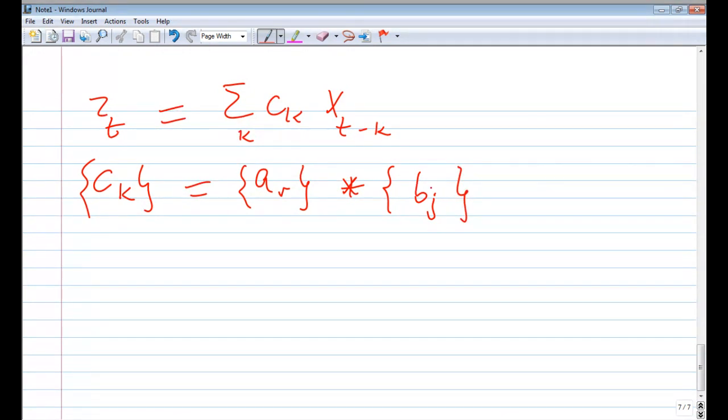What does that mean? ck is equal to the convolution of the two filters. So in other words, this one, ck, we call it a weight.